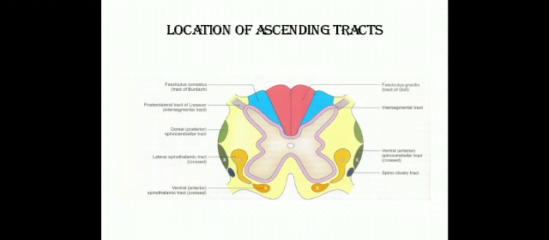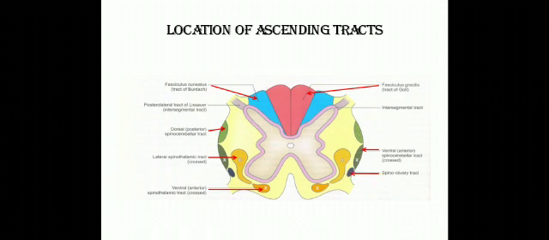So, for the location of the ascending tracts, we can observe the fasciculus gracilis, fasciculus cuneatus, the ventral or anterior spinothalamic tract, lateral spinothalamic tract, dorsal or posterior spinocerebellar tract, the ventral or anterior spinocerebellar tract, and spino-olivary tract.